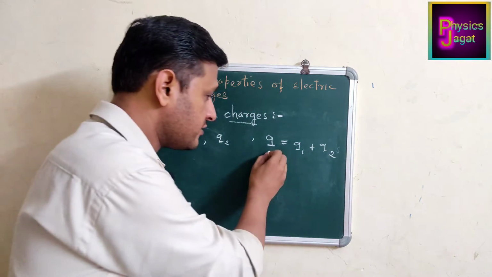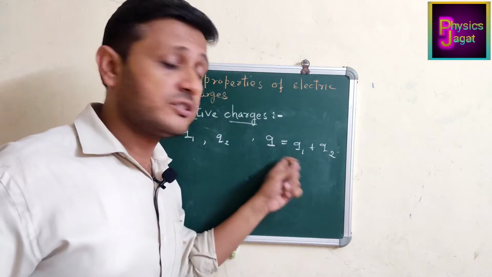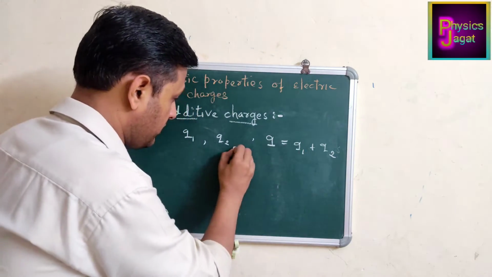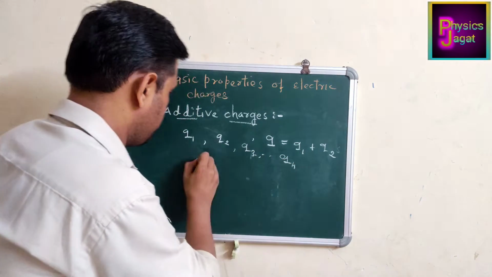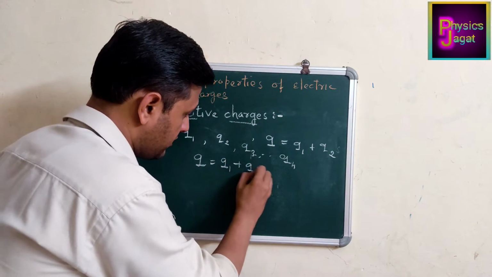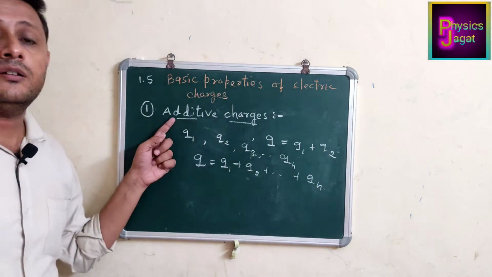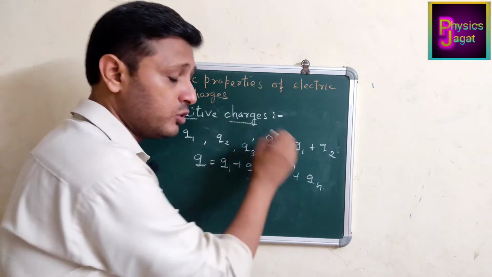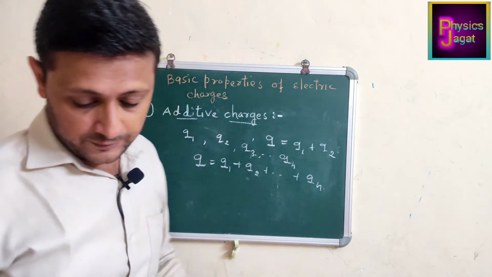The same is true of charge as well. If you have two charges, the total charge of the system will be the algebraic sum of its constituents. If you have n charges, similarly the total of the system is the algebraic sum of the n charges. That is why it is the additive property of charges: the charge of the total system is the algebraic sum of its constituents.